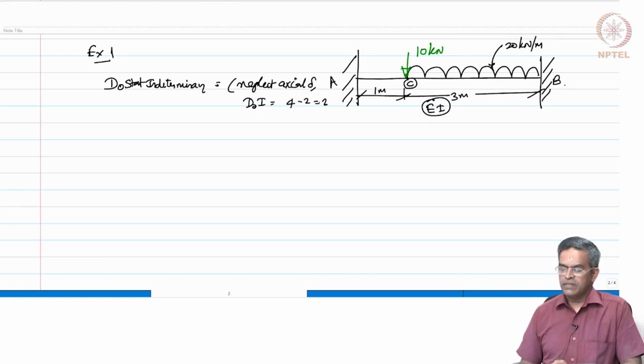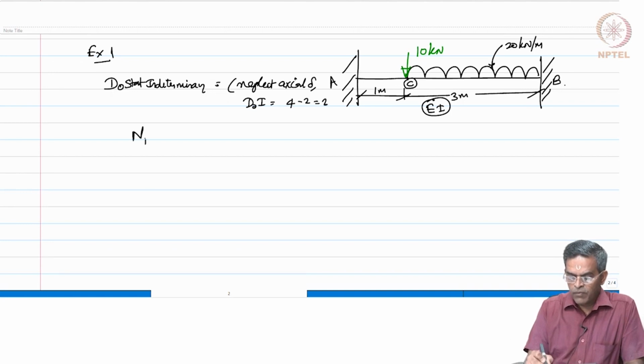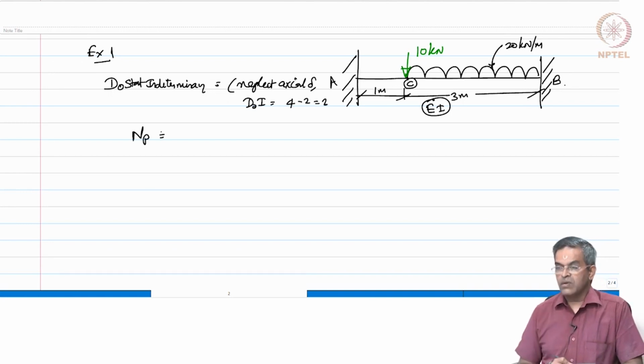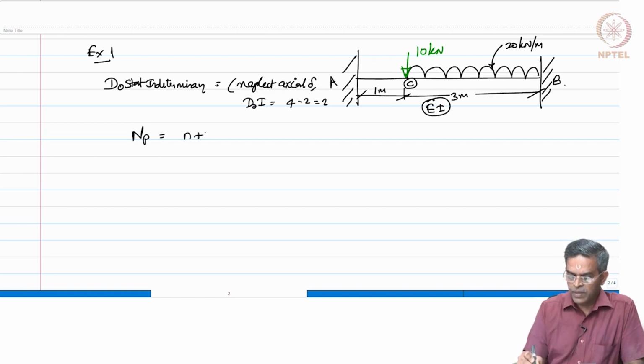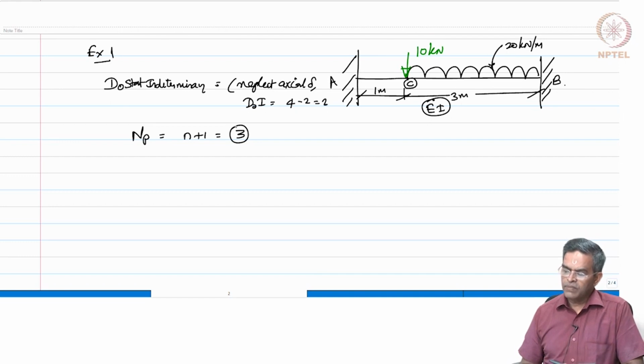So, how many plastic hinges do I need? The number of plastic hinges required to convert this beam into a mechanism is n plus 1, which will be 3. Now, the question comes, where these hinges will form.